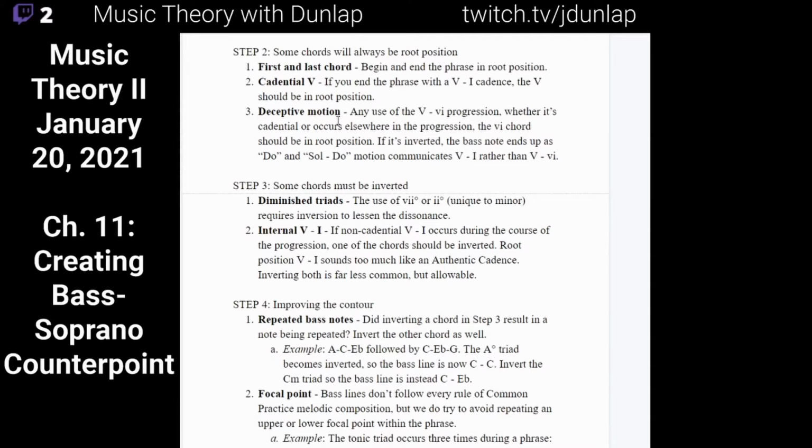The reason is the third of 6 is do, and if this part goes so, do, that communicates 5-1 and not 5-6. In a second, I'll put that in the Sibelius example, and you'll hear it. It just sounds like a modified 1 chord when you do that. So if you ever do 5-6 in your chord progression, they both need to be root position, or at the very least, the 6th chord needs to be.